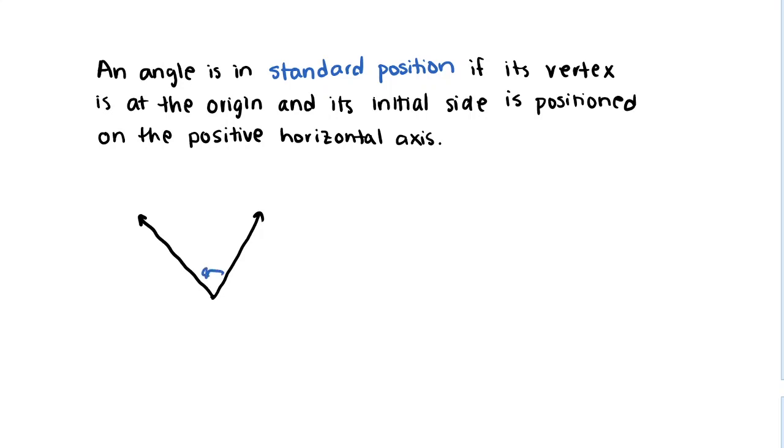Whereas if you imagine your angle positioned on a coordinate plane, here maybe I'll draw a coordinate plane, the vertex is at the origin and the initial side is placed along the horizontal axis, and the terminal side can be wherever. This is an example of an angle in standard position.